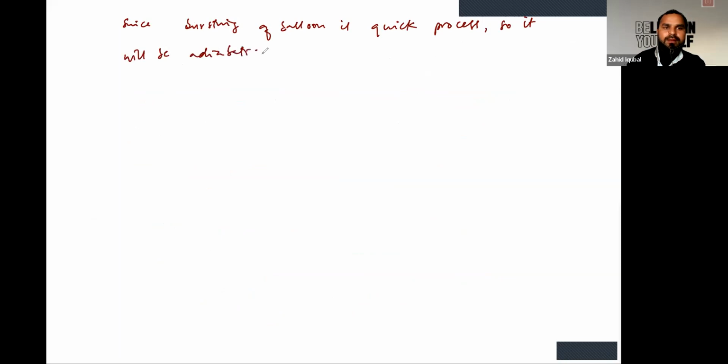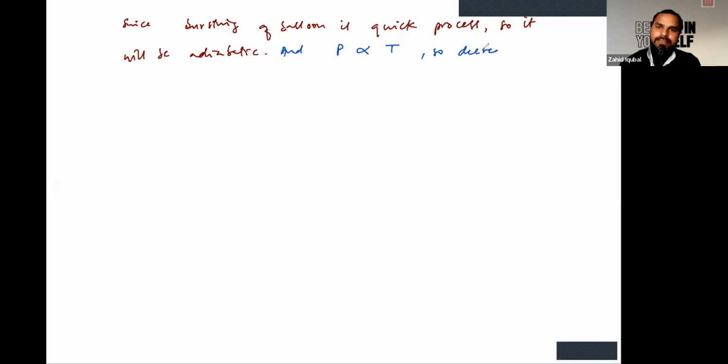So the last part you may explain as, since the bursting of a balloon is a quick process, it will be adiabatic. And pressure is directly proportional to temperature.